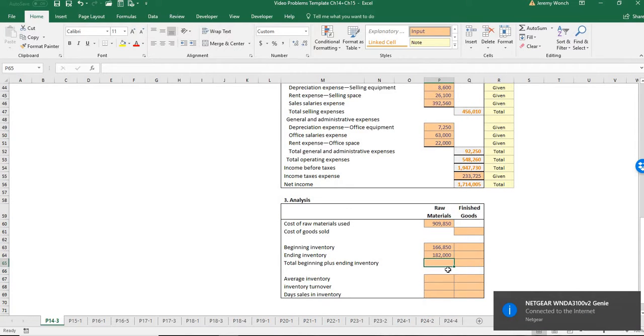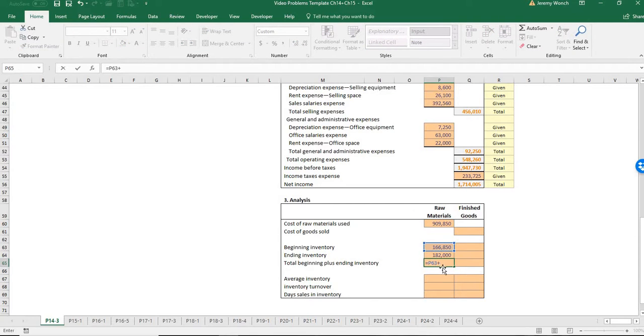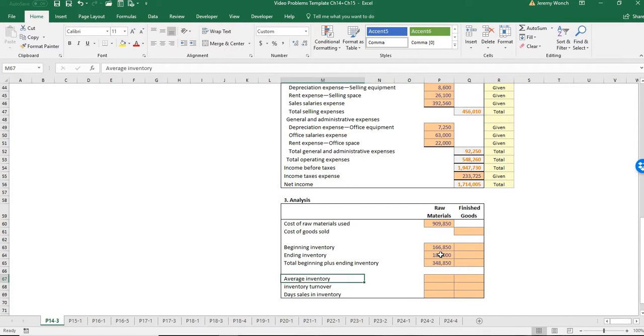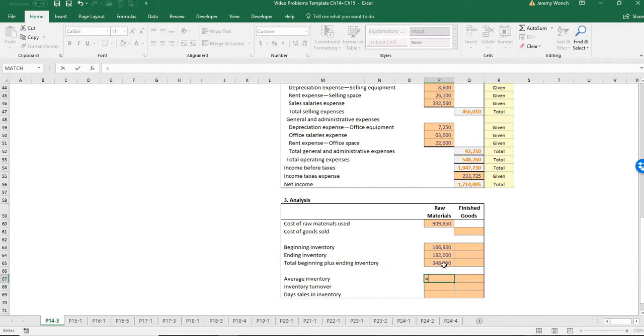And so it's just asking us here, so the beginning plus the ending, that'll just help us with our calculation. So we'll just add those two up. And so we'll calculate the average inventory. So our average inventory, that's just the total that we just added divided by 2. And then we want our inventory turnover.